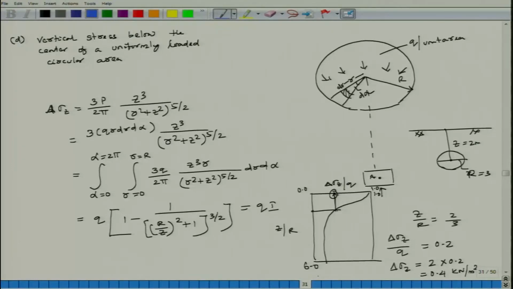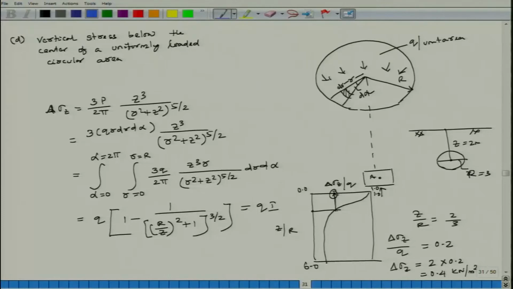Then the vertical stress below the center of a uniformly loaded circular area. Again this was taken as a small strip, a small dr, and integrated, considering it as a point load. Then we got a chart. This chart is delta sigma z by q versus z by r.